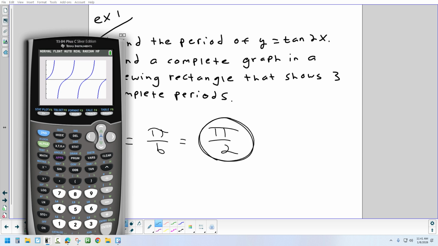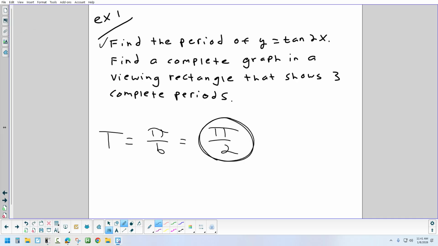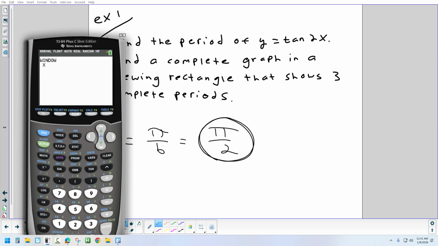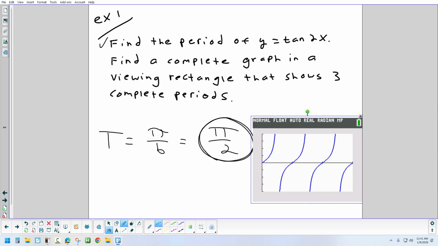So that's 3 cycles. If you weren't able to find this period correctly, you wouldn't know what to set your window at to see 3 cycles. Any question how we got the period or the graph of 3 cycles?